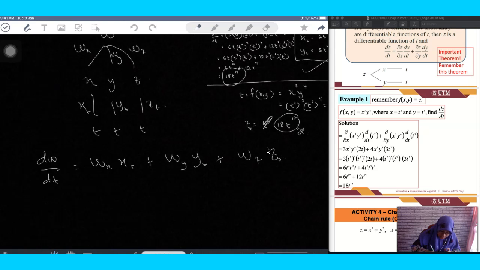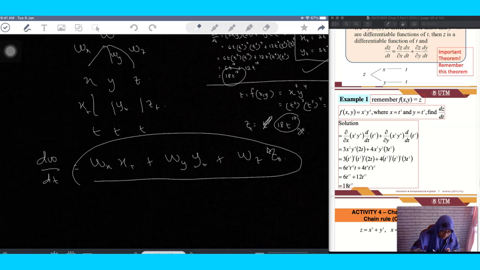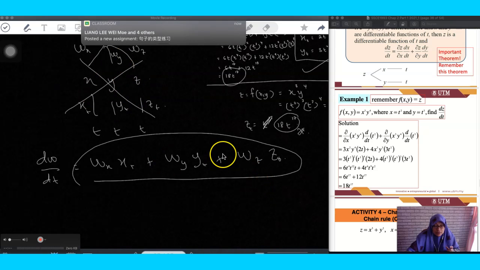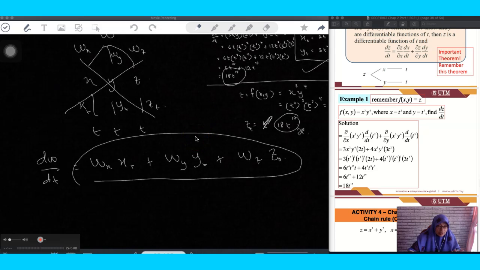And actually you can see the pattern here, so without this diagram is also possible. Normally in the rubric for the answer scheme there is no mark for this chain. It is just to help you, for your own checking, because you want to make sure that your formula or your chain rule here is correct. So that's why we need to have this.